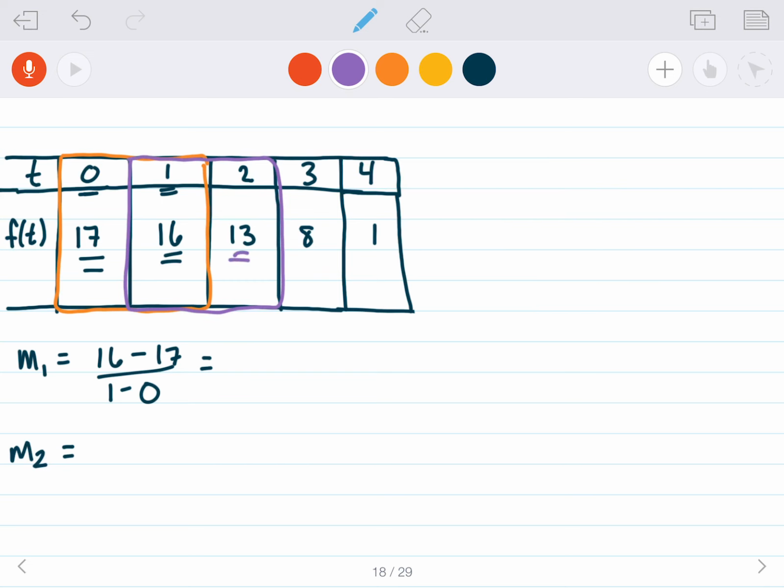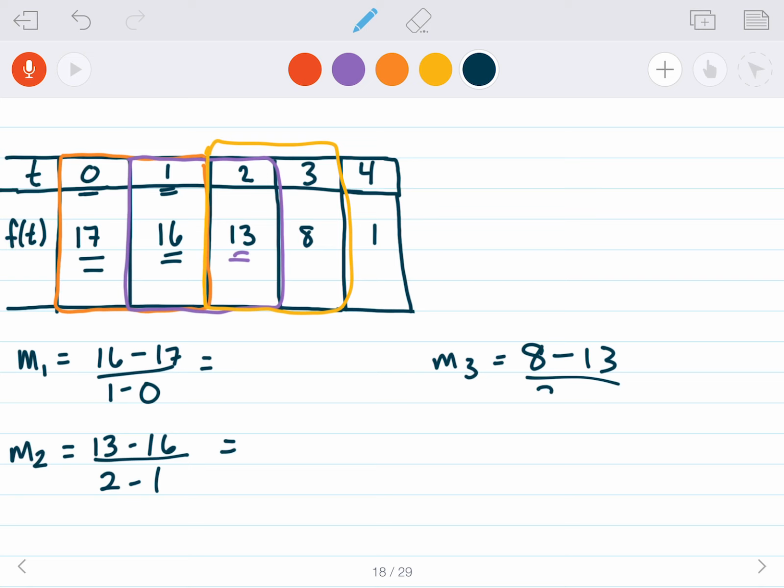So we have y minus y, 13 minus 16, over x minus x. Our third slope, we're doing these guys. So the point 2 comma 13 and the point 3 comma 8. So y minus y, so we have second y is 8, 8 minus 13 over x minus x.